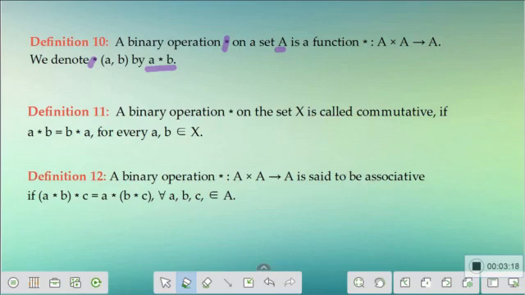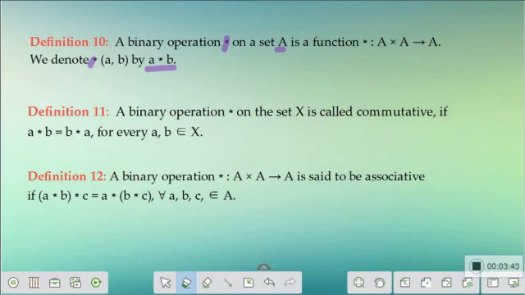Now, whenever we define any operation or any set, we normally define the properties. As usual, we have some properties of this binary operation also. The first normal property that we have is the closure property, and that is applicable here. So that is not specifically mentioned as a definition. Apart from the closure property, we have some other properties.